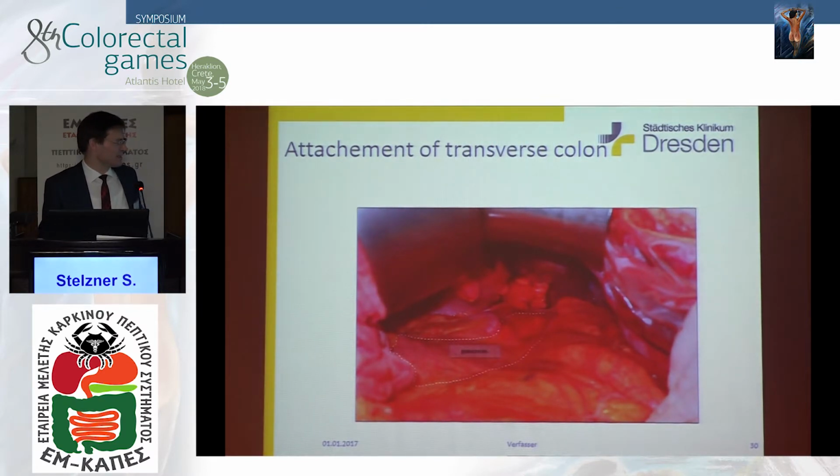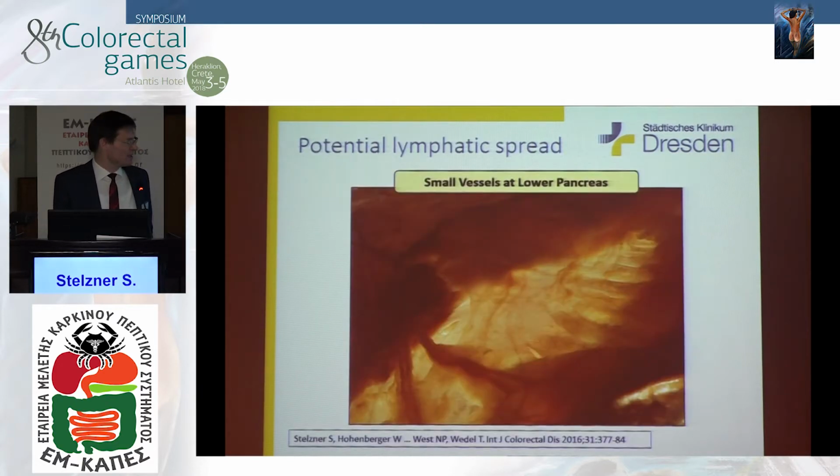From anterior, it is a little bit like the same. You have got the pancreas lying there. There might be or might be not a thin leaf of the greater omentum, as I showed in the beginning.